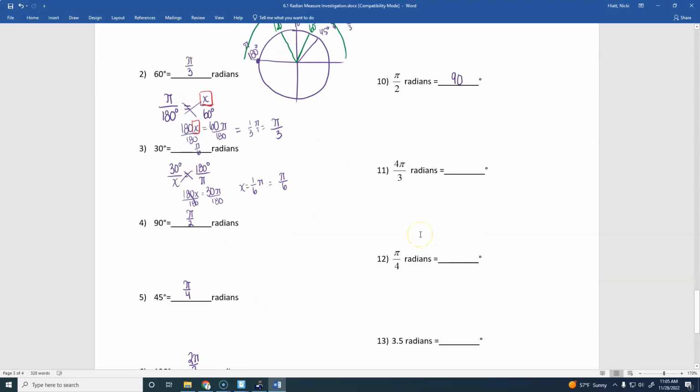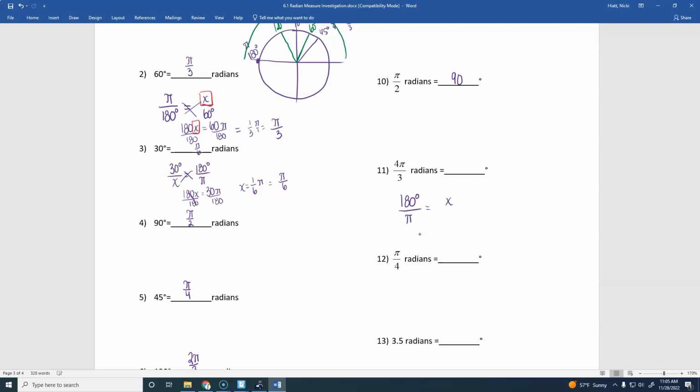But let's use a proportion just so we can see how that sets up, particularly with that fraction. It can look a little weird, right? So we still know, it doesn't matter which one you put on top or bottom. We still know 180 and pi are equal to each other. Or we could do pi over 180. Doesn't matter. But if we put degrees on top here, we're going to put degrees on top over on the other side.